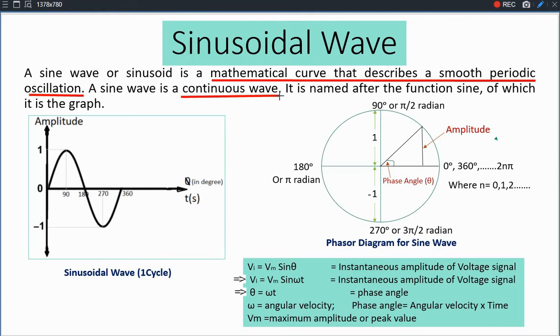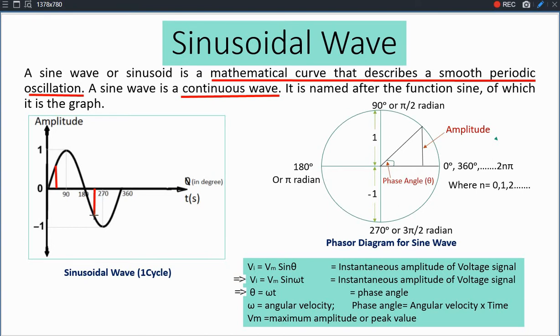A sine wave is a continuous wave. Continuous wave means for any time instant we can get the value at any angle, at 45-degree angle, at 90-degree angle, at 180-degree angle, or any angle in between 0 to 360-degree. We can have magnitudes either in positive sides or in negative sides.